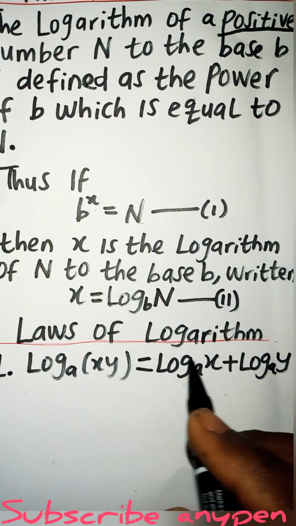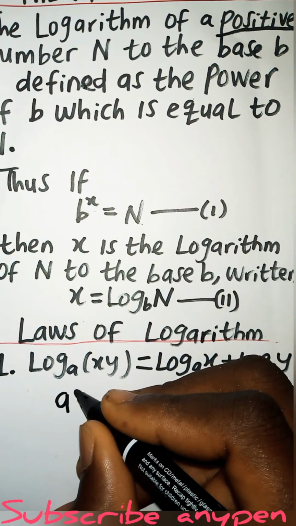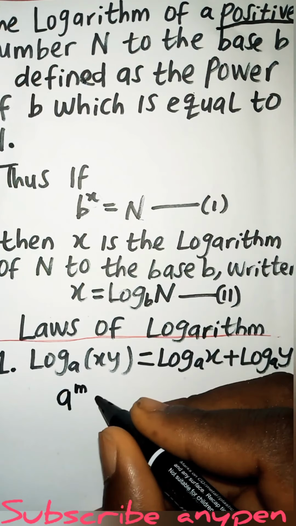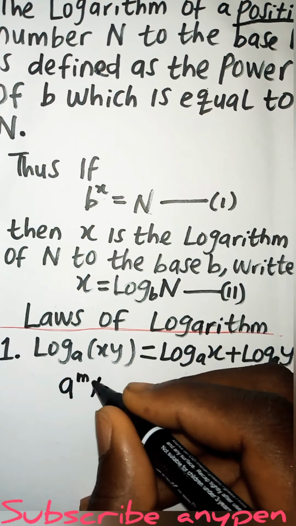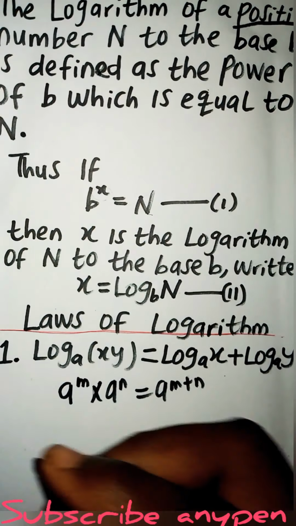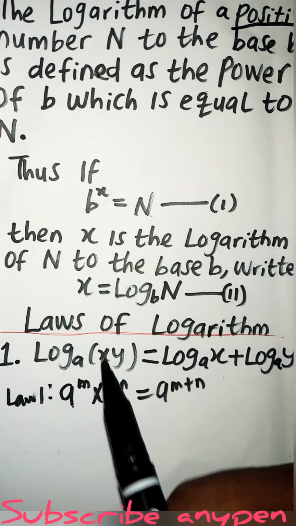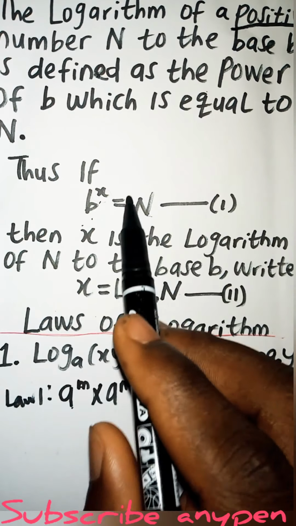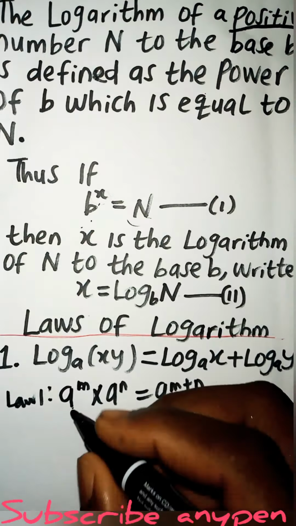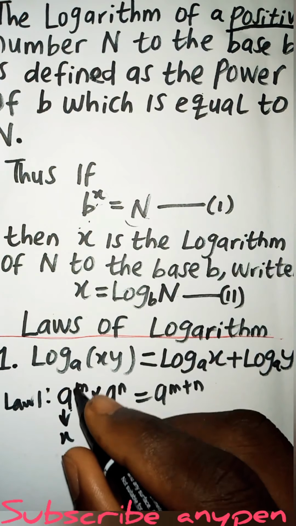So let's see. We have log xy base a. From law 1 of indices, a to the power of m multiplied with a to the power of n is a to the power of m plus n. So this is law 1. Now, let's say the value of a to the power of m is x, and that for a to the power of n is y. So we could obtain m and n from this.